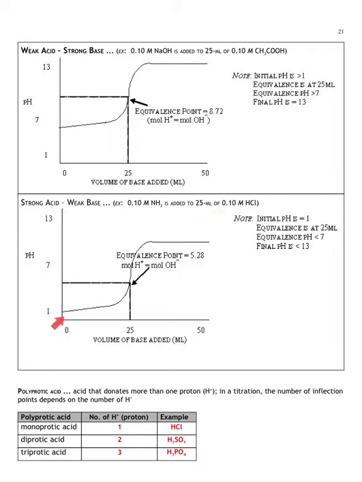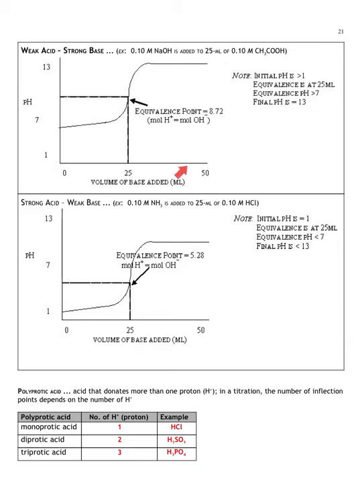And you're adding more acid and it's becoming more acidic until the equivalence point. At that point, what predominates? Usually the strong. In this case, that's why the pH is less than 7. It's 5.28 at the equivalence point.